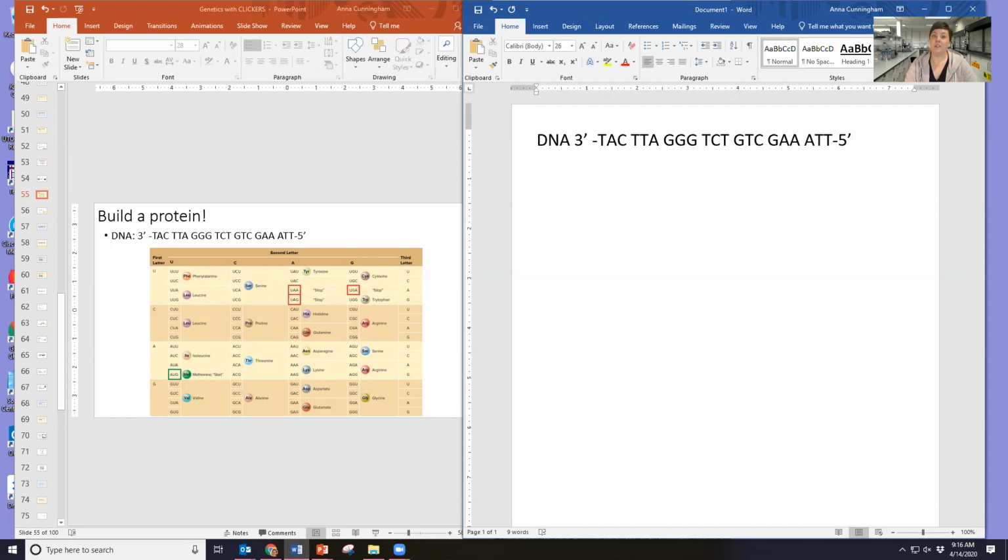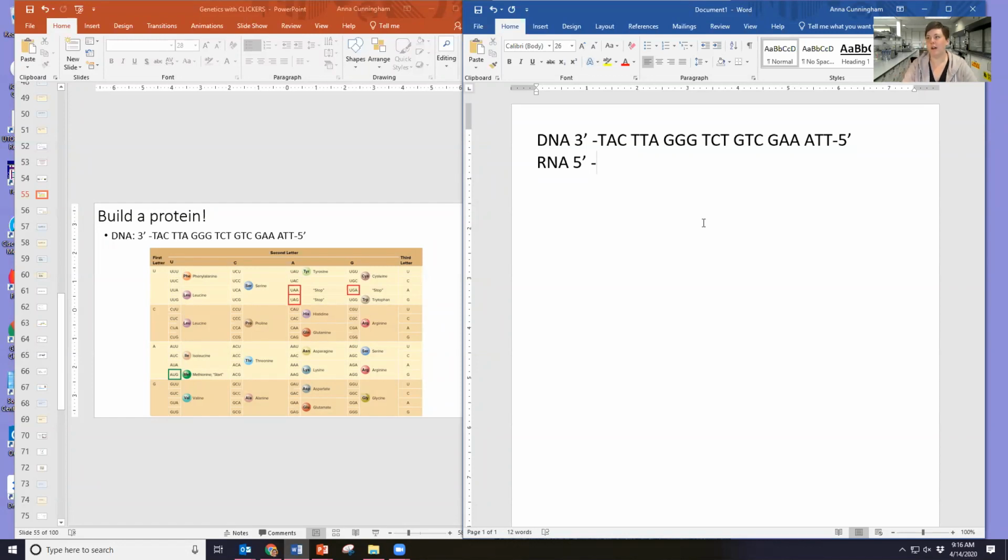So the first thing we need to do to build a protein is make our mRNA, and our RNA is always in the 5' to 3' direction. So we just go nucleotide to nucleotide.